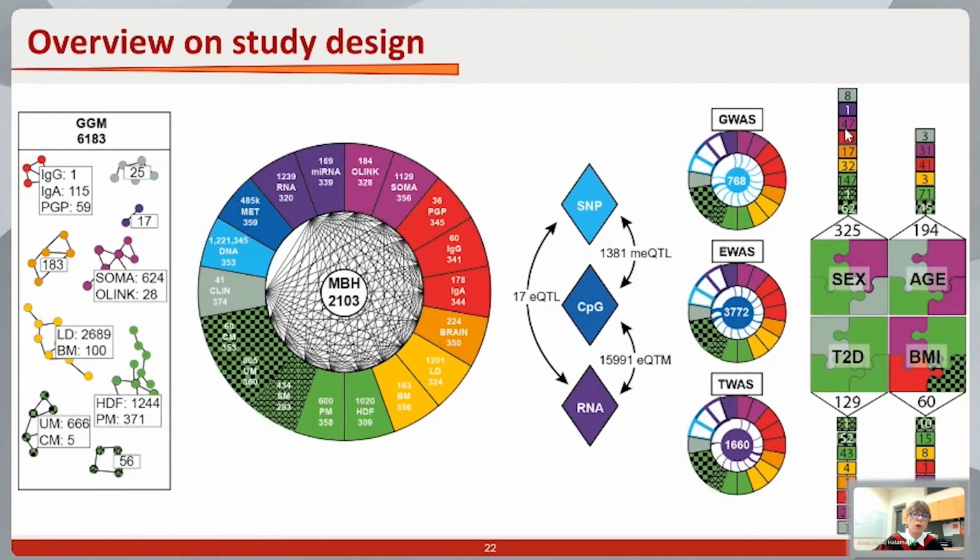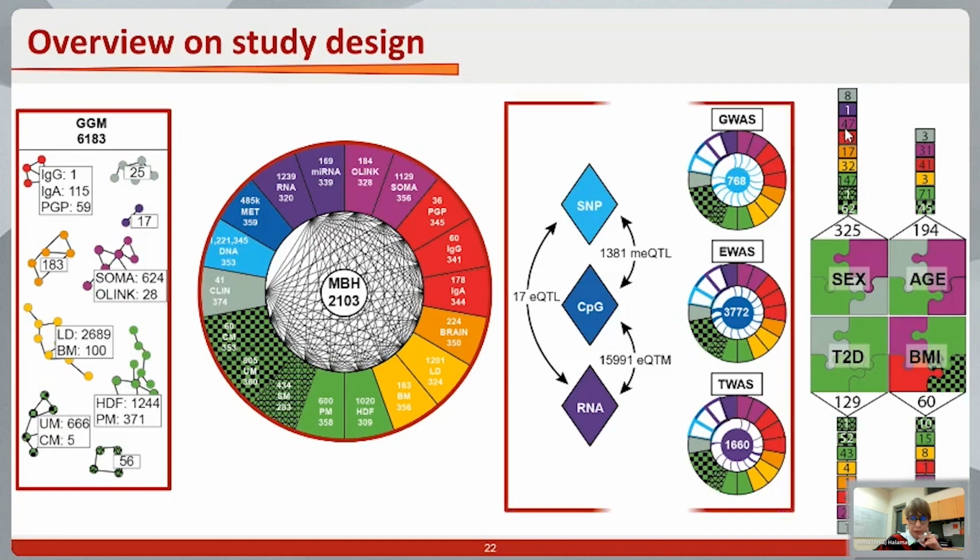Here is the overview of the experimental setting which we conducted. First we looked at Gaussian graphical models, and this was done in collaboration with Jan Krumsiek, who is residing in New York right now. Those Gaussian graphical models were used to understand the associations within a given platform. Further, we focused on mutual best hits, which I will touch on briefly in the next slide. Here we identified over 2,000 mutual best hits, and this was the first time this concept was used for multi-omics profiling.